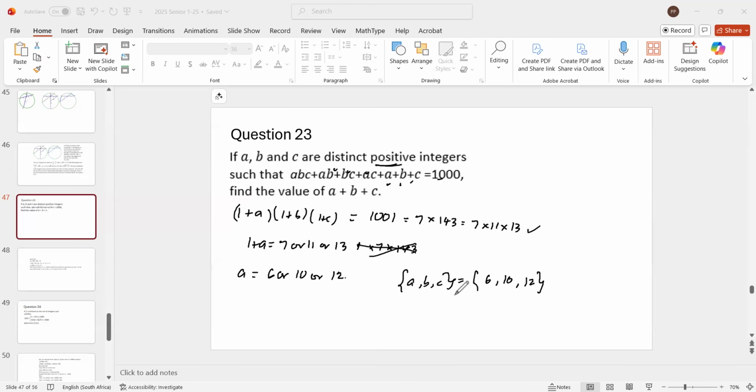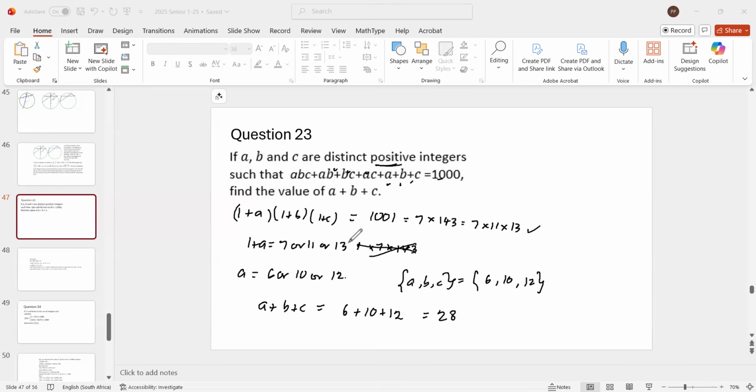And whatever these permutations there are, A plus B plus C will always be 6 plus 10 plus 12. And that is 28.